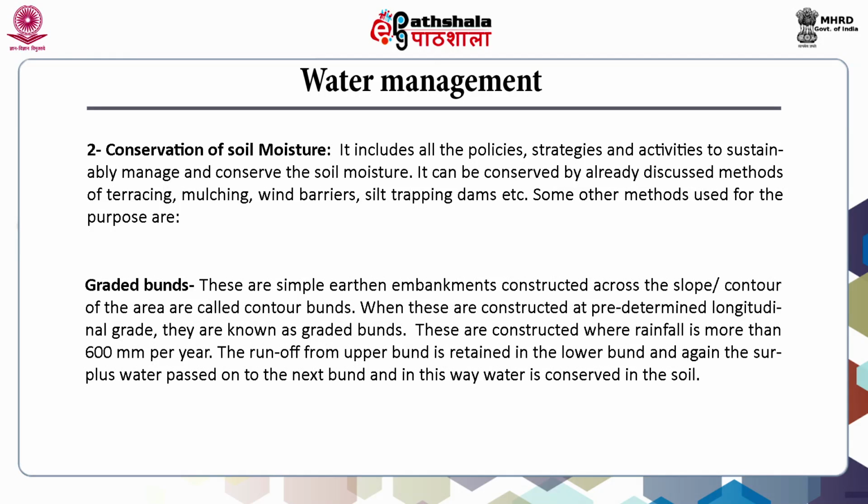These are constructed where rainfall is more than 600 millimeter per year. The runoff from upper bund is retained in the lower bund, and again the surplus water passes on to the next bund, and in this way water is conserved in the soil.